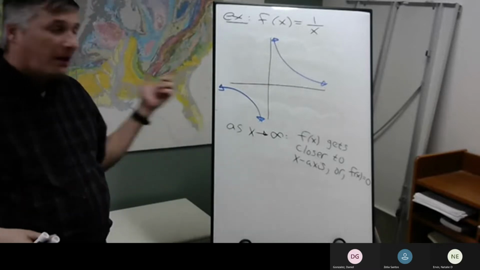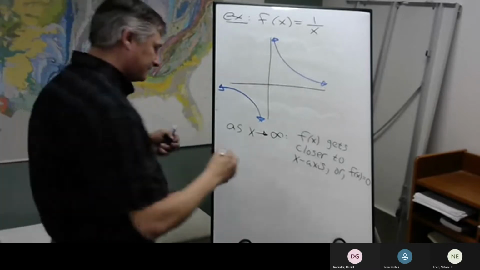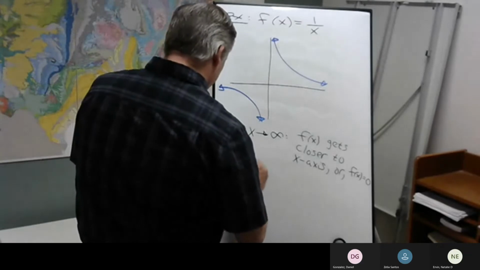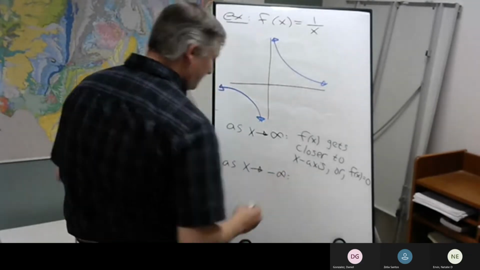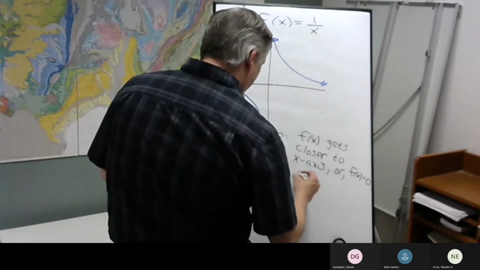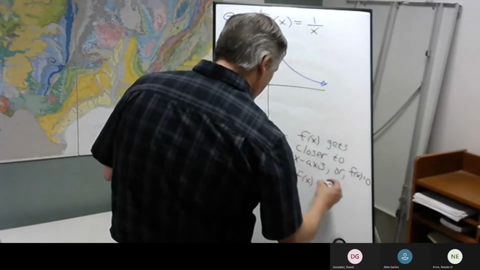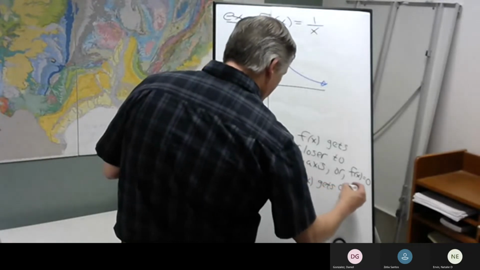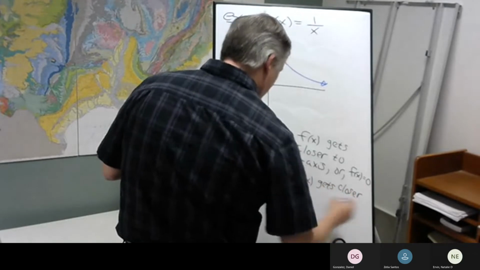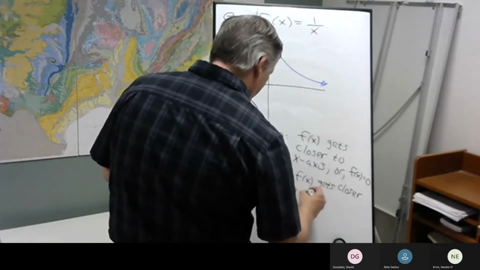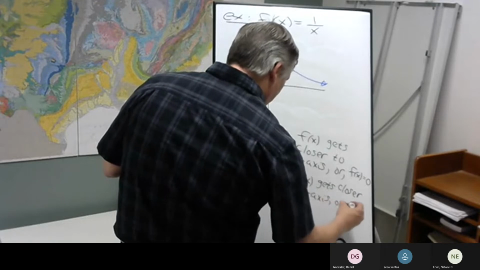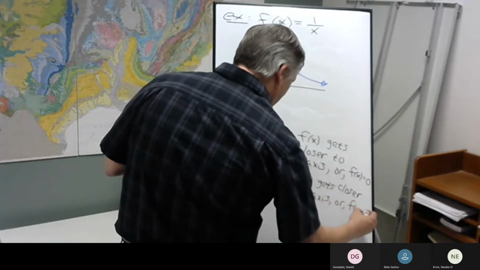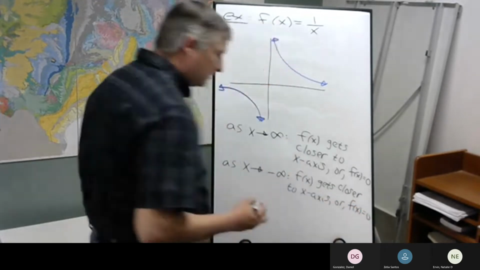Now let's take a look in the other direction. As x goes to negative infinity, well, f of x gets closer to the x-axis, or f of x is equal to 0.